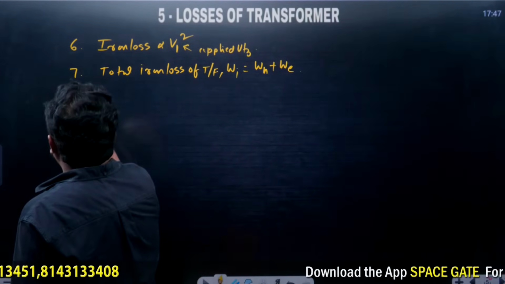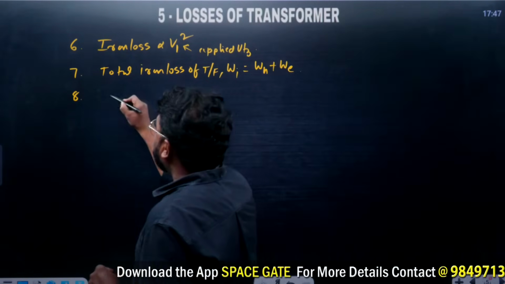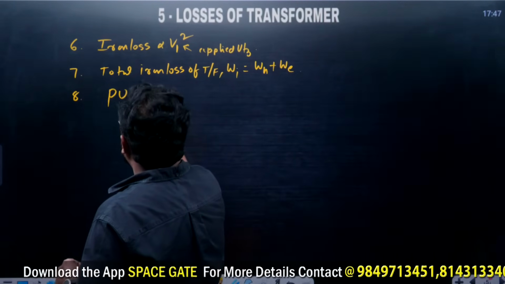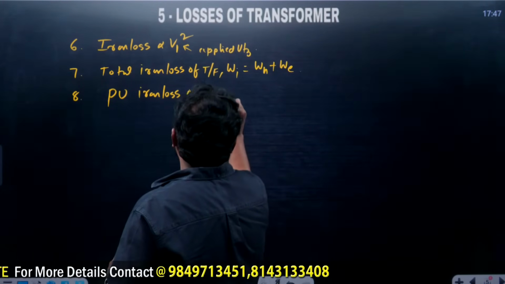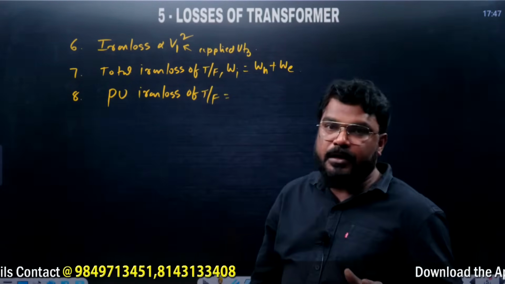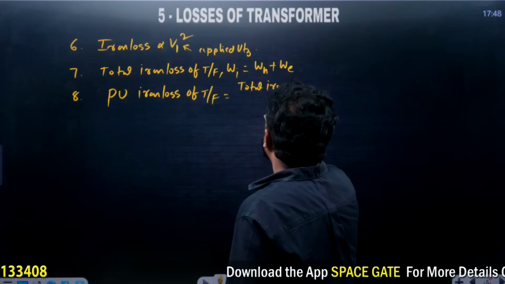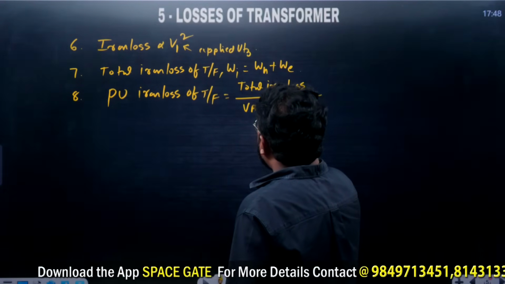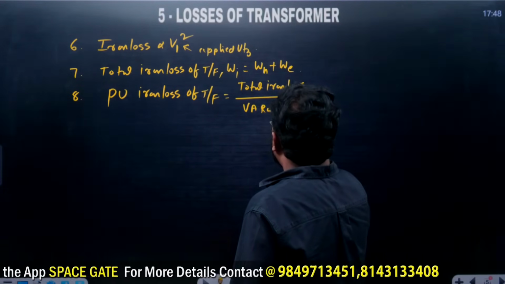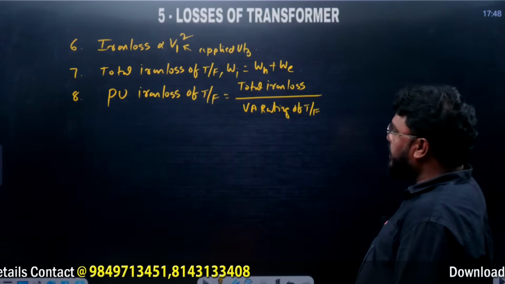And sometimes another possibility of the question from the losses: per unit iron losses of the transformer. How do we calculate per unit iron losses? Per unit iron loss is equal to total iron loss divided by the VA rating of the transformer.